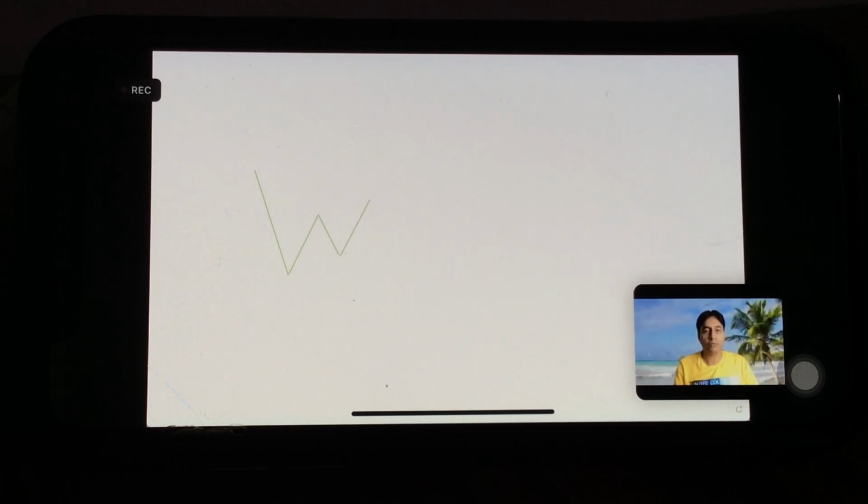So this will be point A, this will be point B, this will be point C, and this will be here. We want to find D. That's our aim, right? Where is D? And this will be point X. So it's an XABCD pattern.